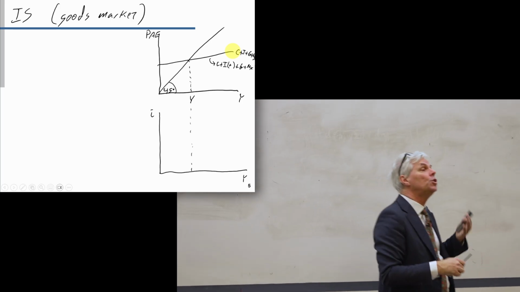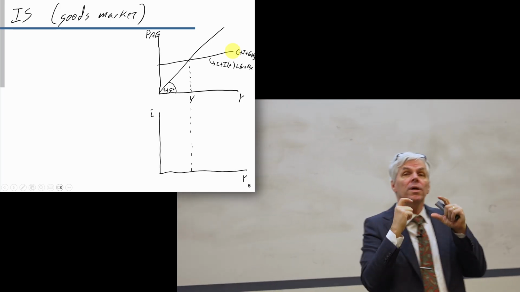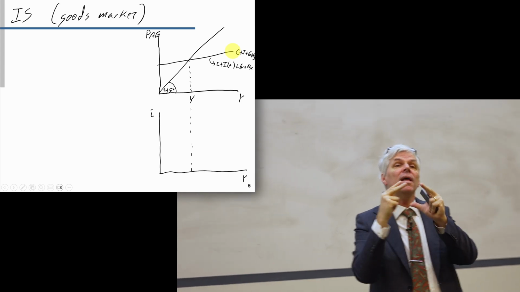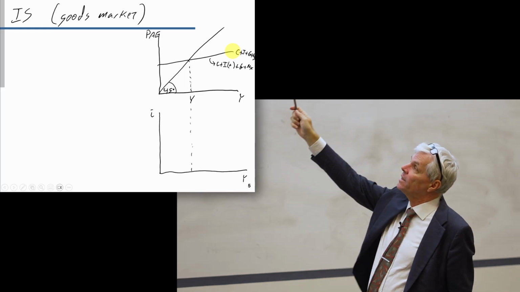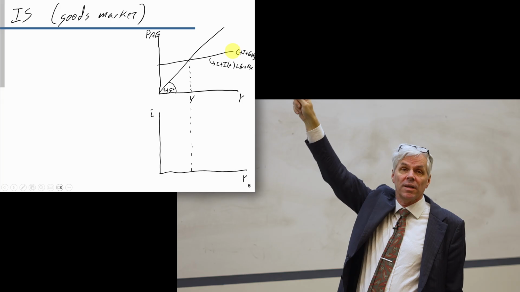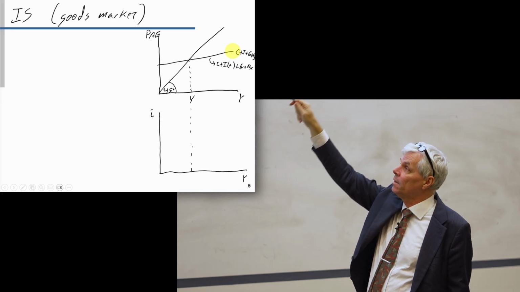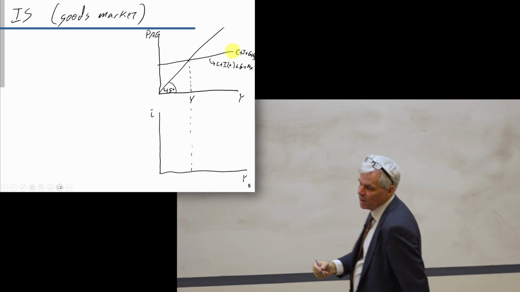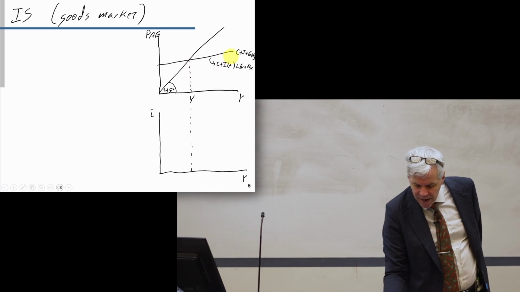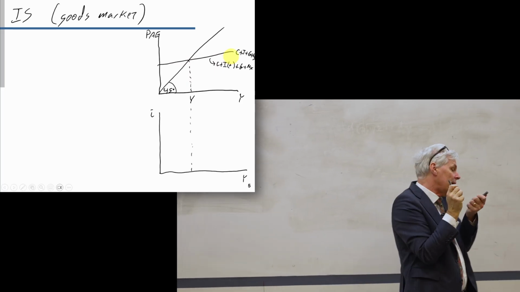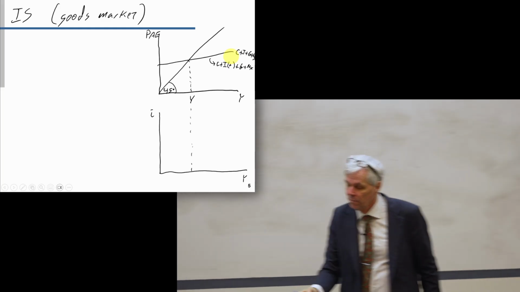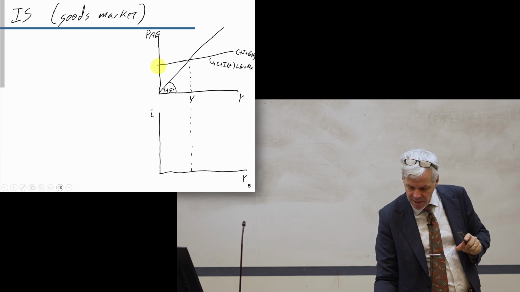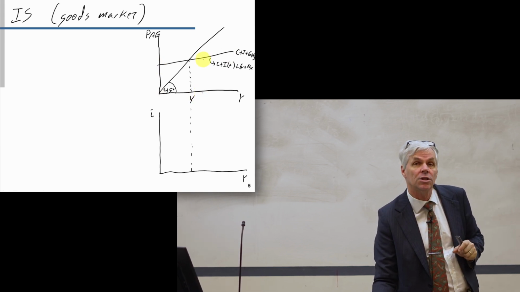Okay, so when I was doing that, I was keeping the real interest rate constant. I was keeping investment constant. So for a given level of investment, I traced out for each different level of Y how much they wanted to buy. And that gave me the equilibrium level of Y. To get all these points on this line, I had to try different levels: if we had zero income, we would buy that much; keeping interest rate constant, if we had this level of income, we would buy that much, and so on.